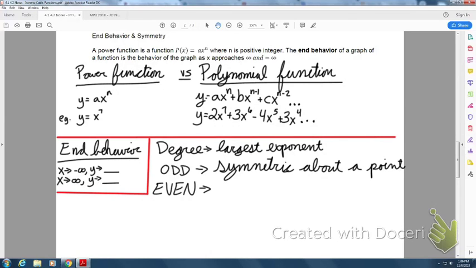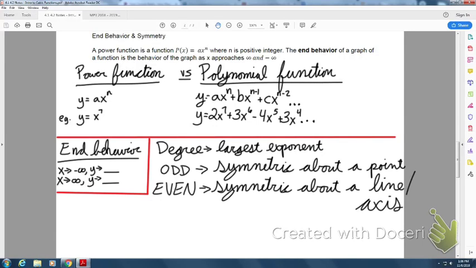If it is even, it is going to be symmetric about a line or axis. Okay, so these are just some things that you need to be aware of going forward.